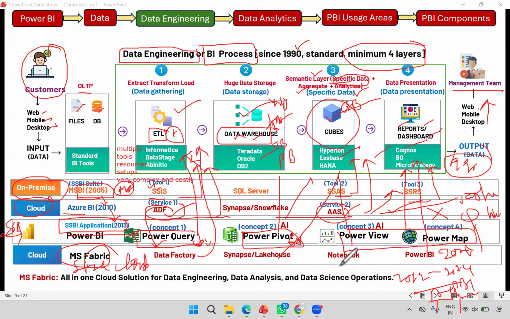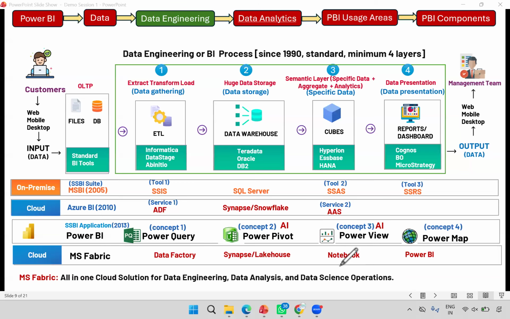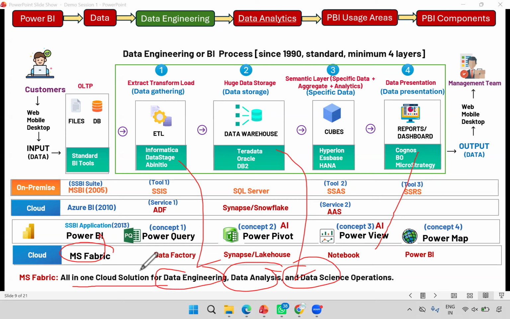Notebook, Lakehouse in this area. So Fabric is an all-in-one cloud solution. For data gathering, data analysis, data science operations, all operations are possible. Single cloud platform. Simply, Azure plus Power BI, they gave in a single cloud. Azure has its own cloud, Power BI has its own cloud; instead of that, a single area.